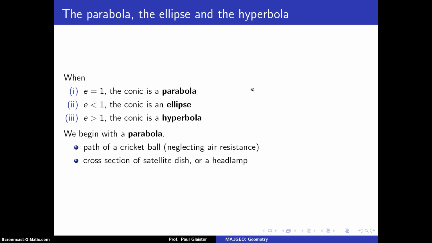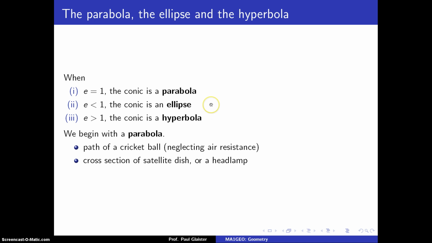That will be all points for which P is the same distance from the focus as from the directrix. When E is positive but less than 1, we get an ellipse, and when E is bigger than 1, we get a hyperbola. And we'll study those two later on.